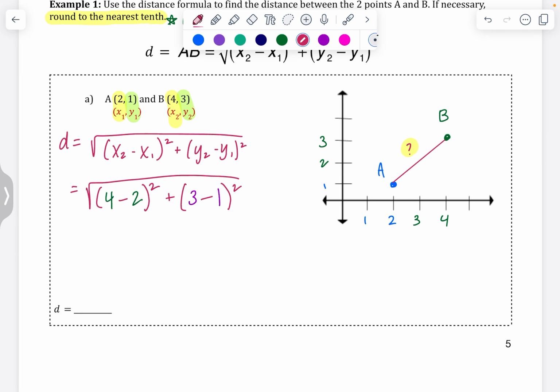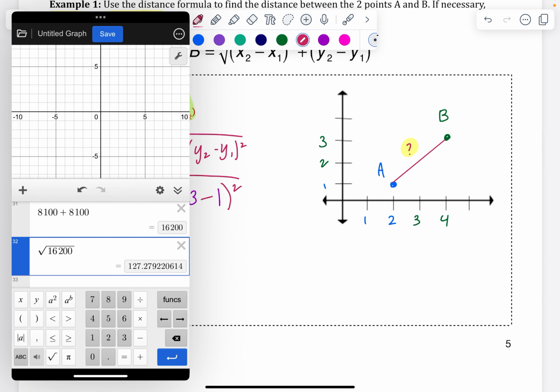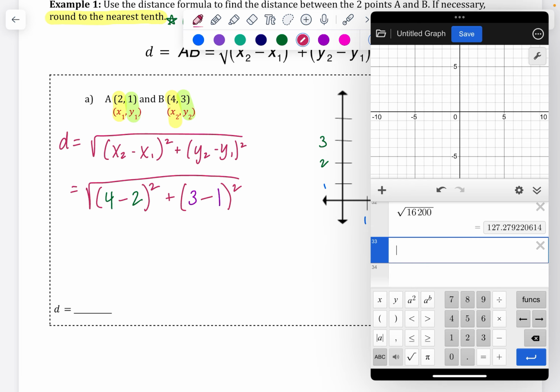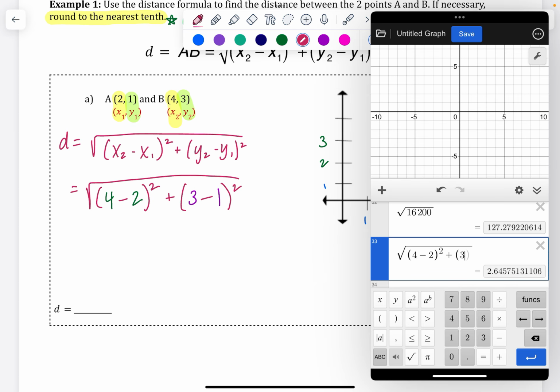From here, guys, I can actually stop and go to my calculator. We could solve it in our head, but let's see what happens if we plug this whole entire thing into the calculator. I'm going to start with my big square root and plug in what I wrote down. So I have square root of parentheses 4 minus 2, close parentheses, squared, plus parentheses 3 minus 1, parentheses, squared.